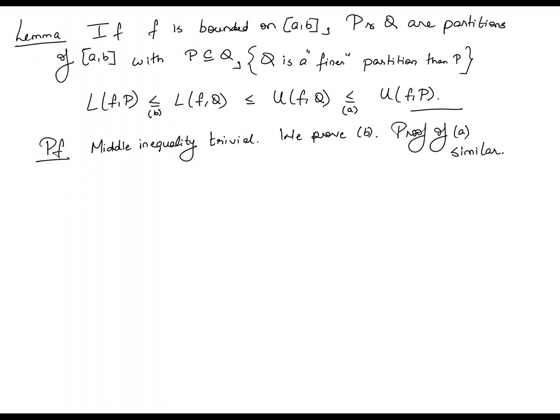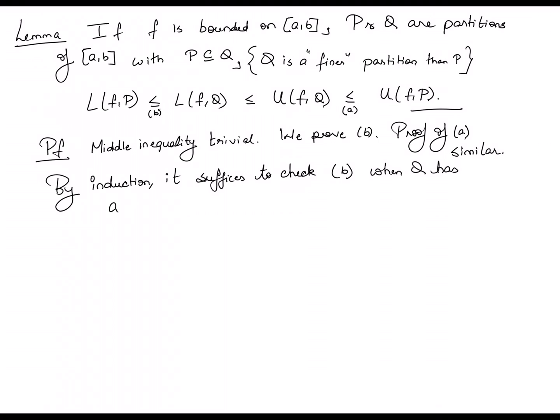Because by applying this induction, if one can, then the inequality will only continue to hold if you add more and more points to the partition. So by induction, it suffices to check the inequality B when Q has a single point more than P.